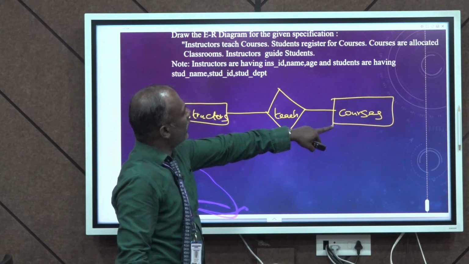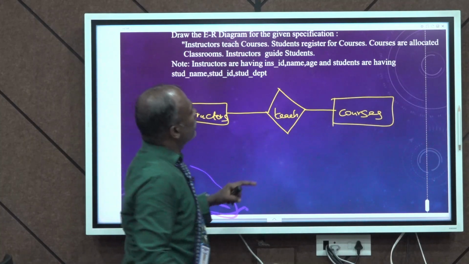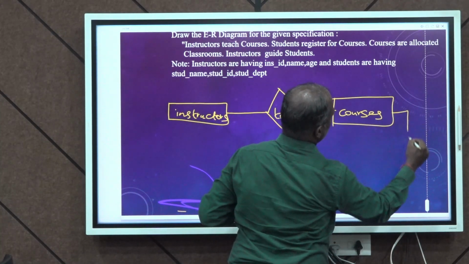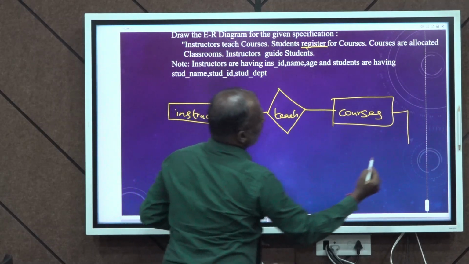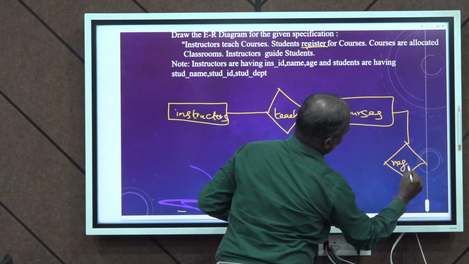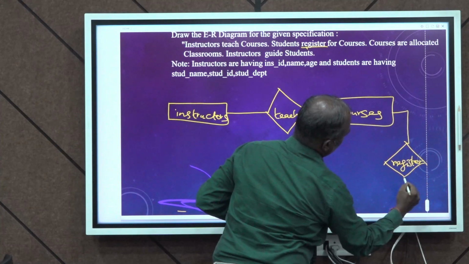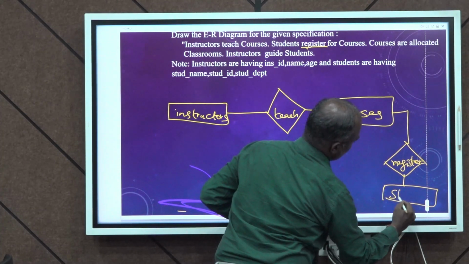Next one is students register for courses. So courses is already available, no need to create another same entity. Register is the relation here. So here we have to draw the relation register, then we have to create another entity called students.